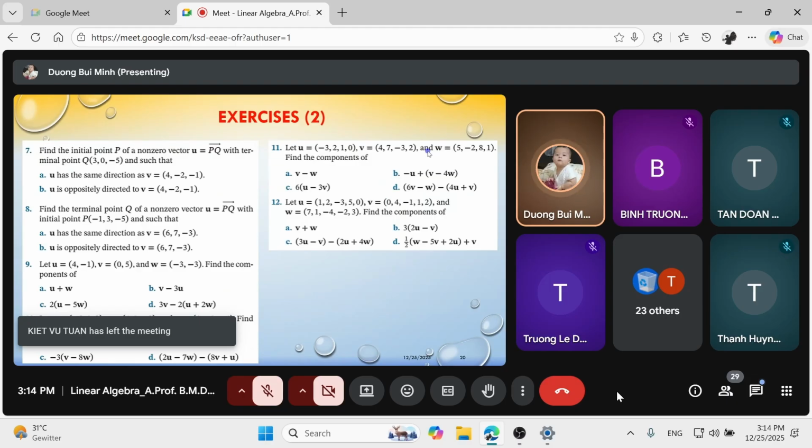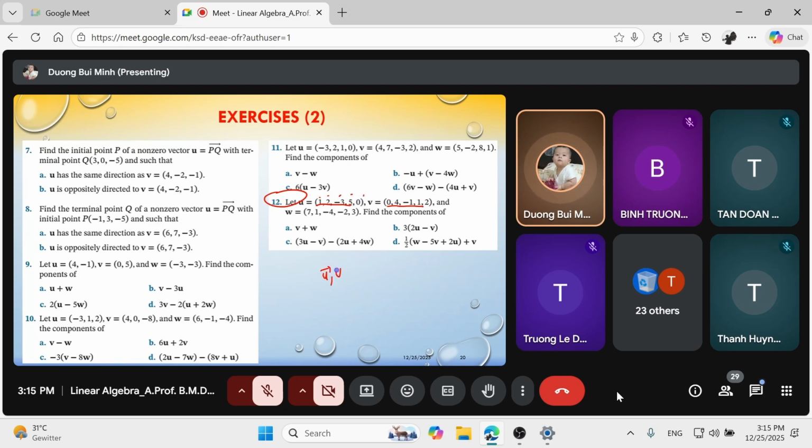Then we have the vectors. The question for you now: what is the space? How many dimensions? 1, 2, 3, 4, 5. So we say U and V belong to R5. All elements are real numbers, not complex numbers. Complex numbers have the form A plus jB, but now we have A. So these are real numbers and we have 5 dimensions.